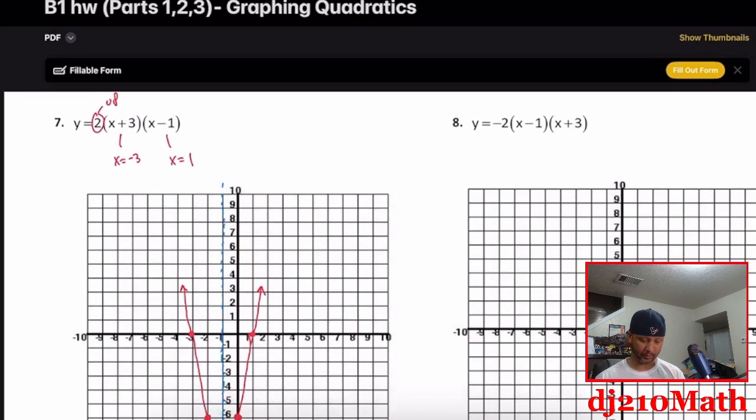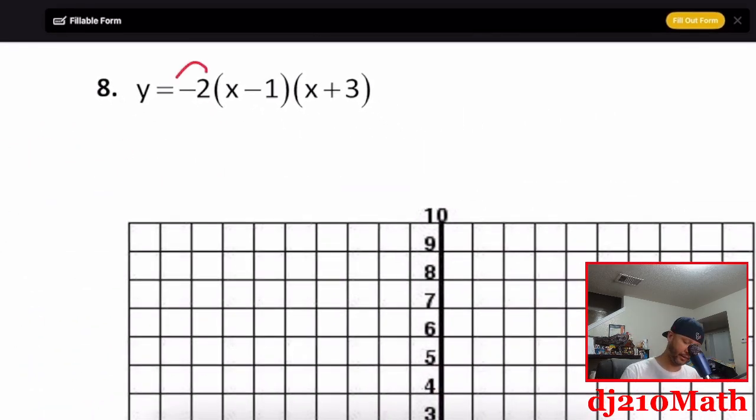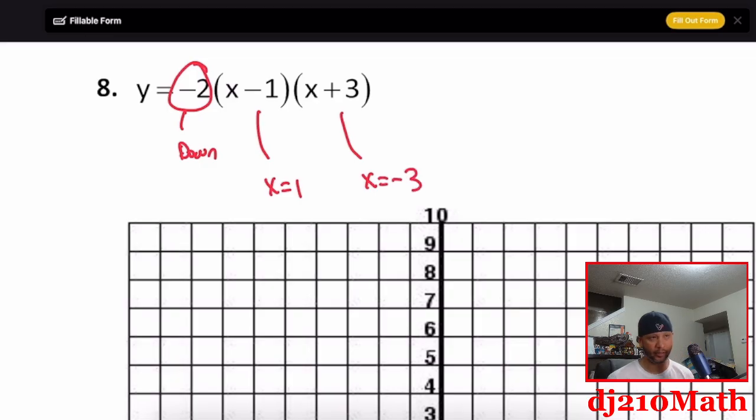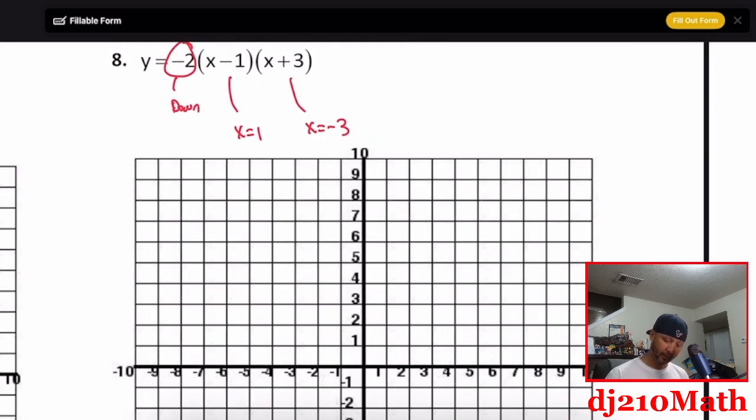All right, last one for intercept form. Okay, negative. This one opens down. X equals 1, x equals -3. It shouldn't take long to look and see where the x-intercepts are. +1, -3. It's opposite.